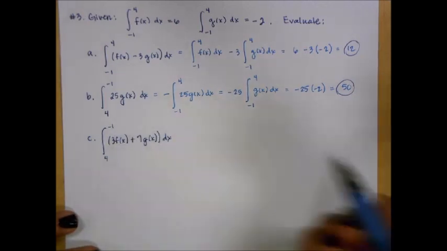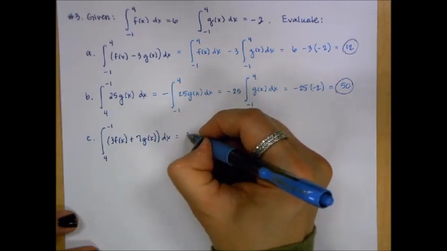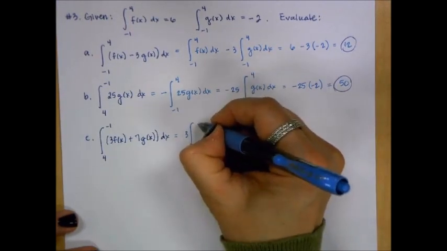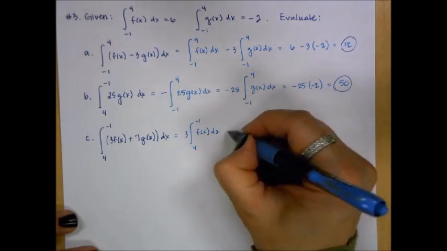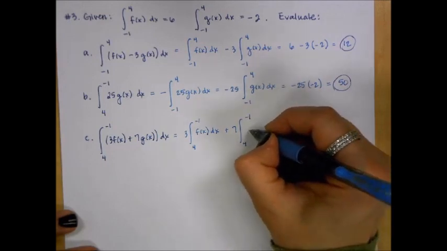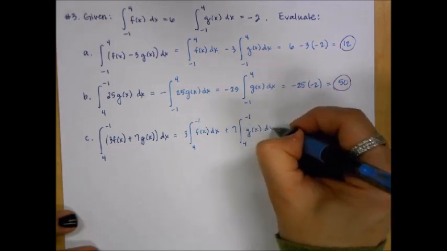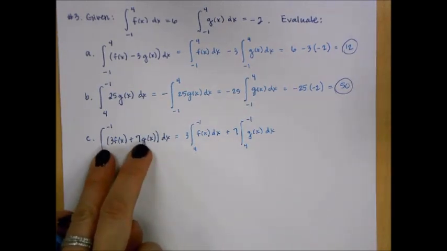Maybe you start by taking 3 out of the integral from 4 to -1 of f of x dx, plus 7 times the integral from 4 to -1 of g of x dx. So I split them up and took out the coefficients. Then as I flip each one around, they become negative.